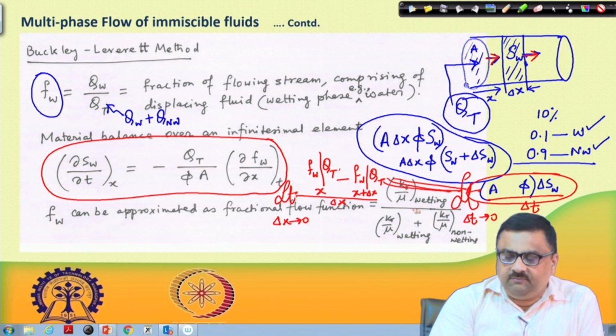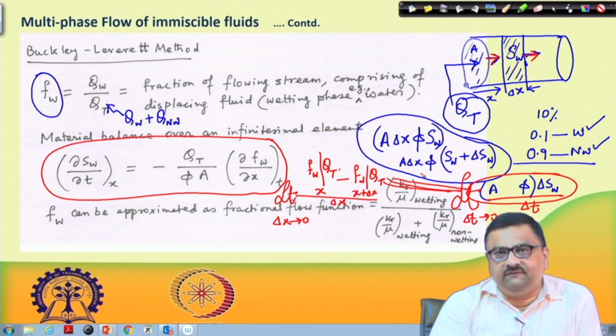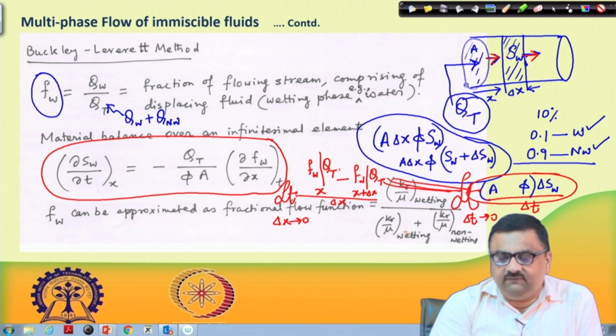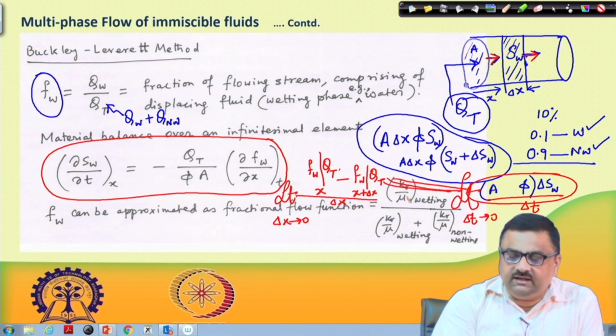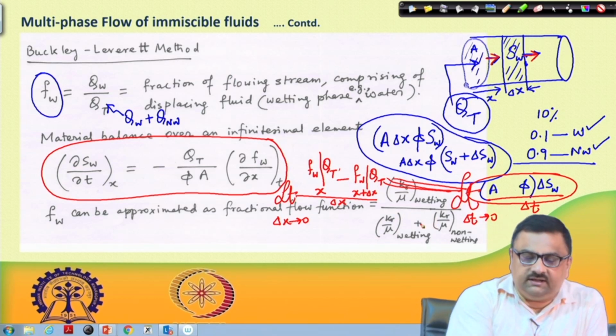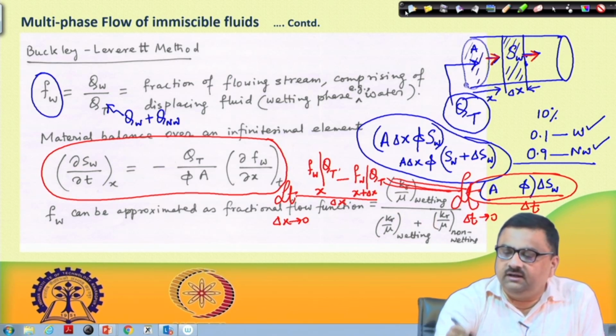So, basically we are looking at the volumetric flux as per Darcy's law of the wetting phase divided by the volumetric flux of Darcy's law over the wetting phase and the non-wetting phase. So, K and delta P by L were cancelled, and it is written as K R by mu wetting divided by K R by mu wetting plus K R by mu non-wetting. So, that is how FW is defined.